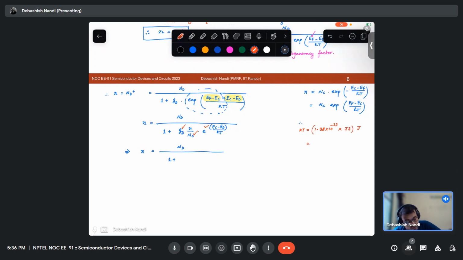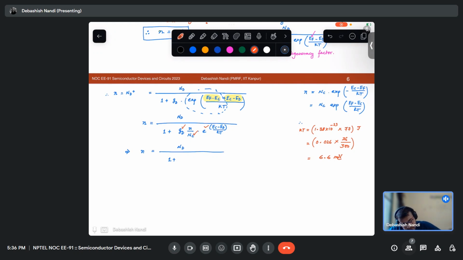Or in electron volts, if you want to calculate, 0.026 into 76 over 300. If you calculate this, you will find it will be 6.6 milli electron volt at 77K. At 77K, Kt is not 26 milli electron volt.